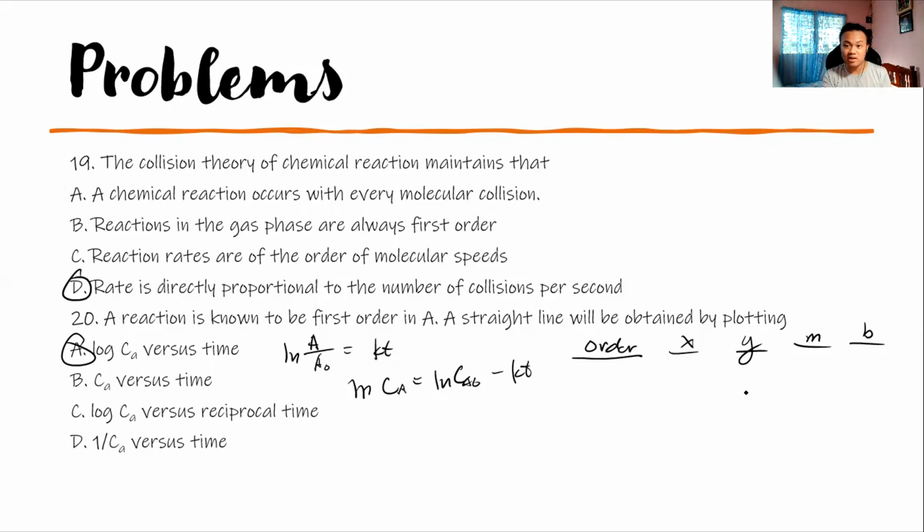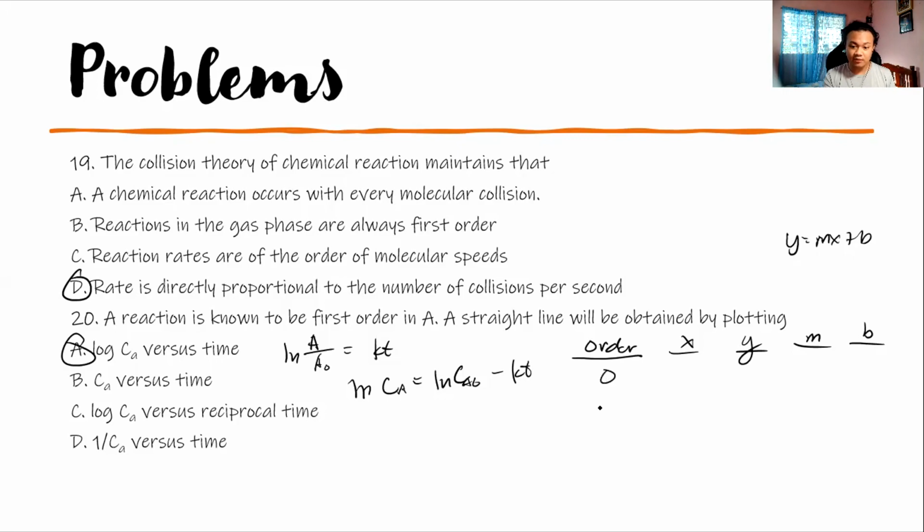These are the X and Y values, and the M or B here is from the Y equals MX plus B format. So M is the slope and B is the y-intercept, right?